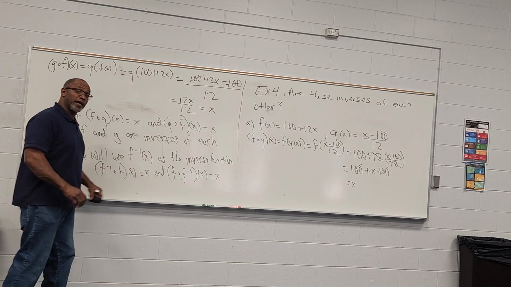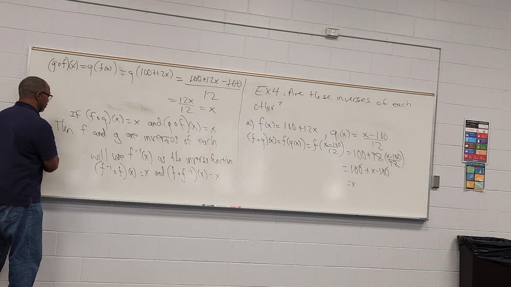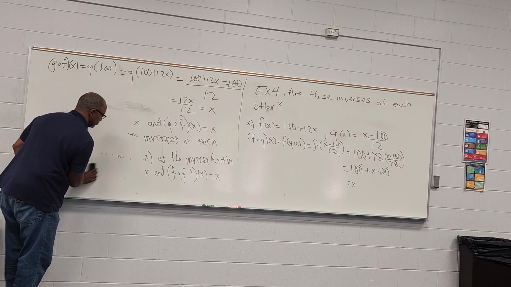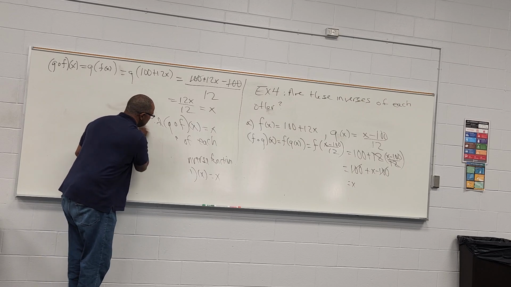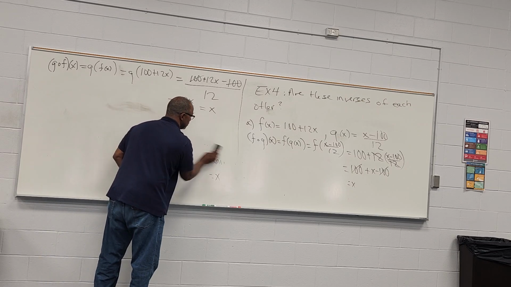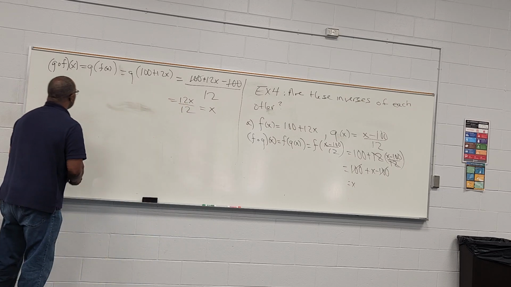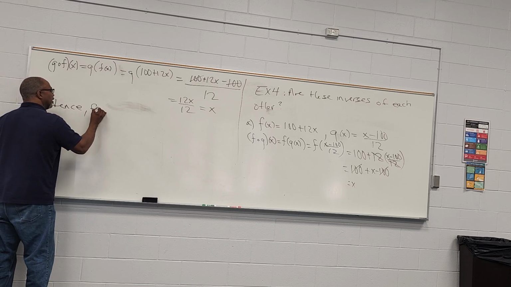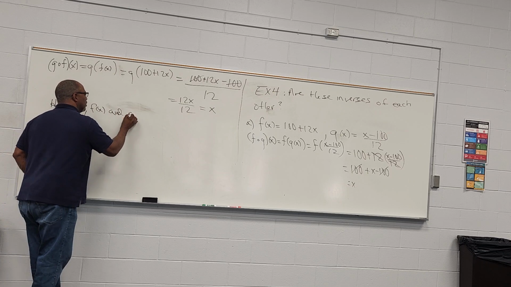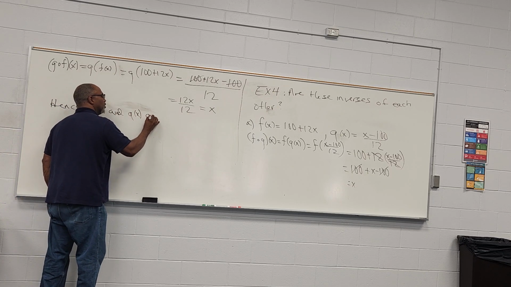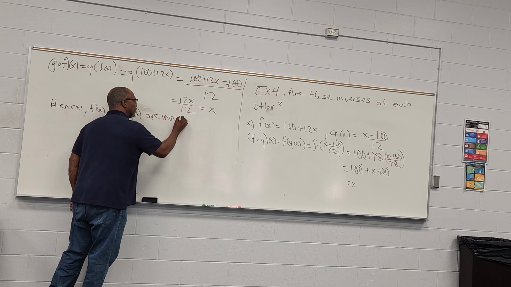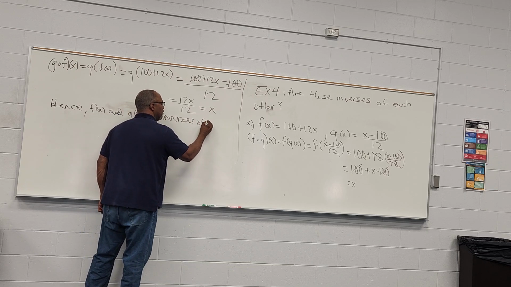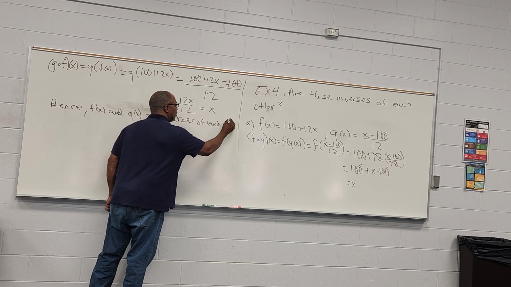So since they're both x, then these two things are inverses of each other. Hence, f of x and g of x are inverses of each other.